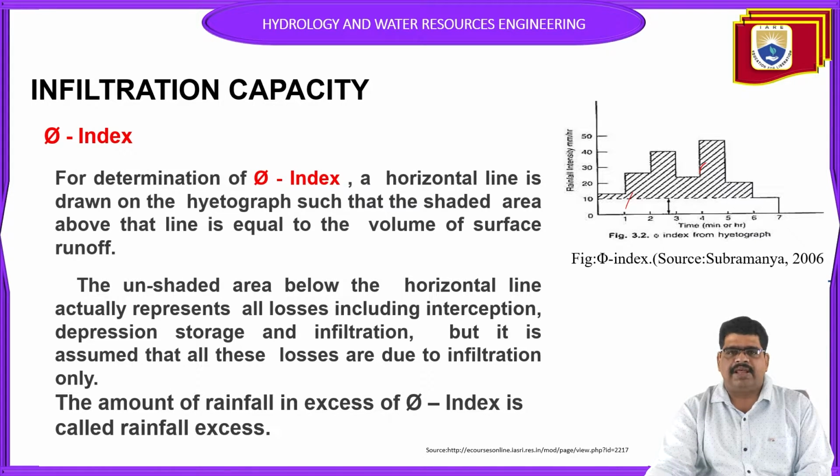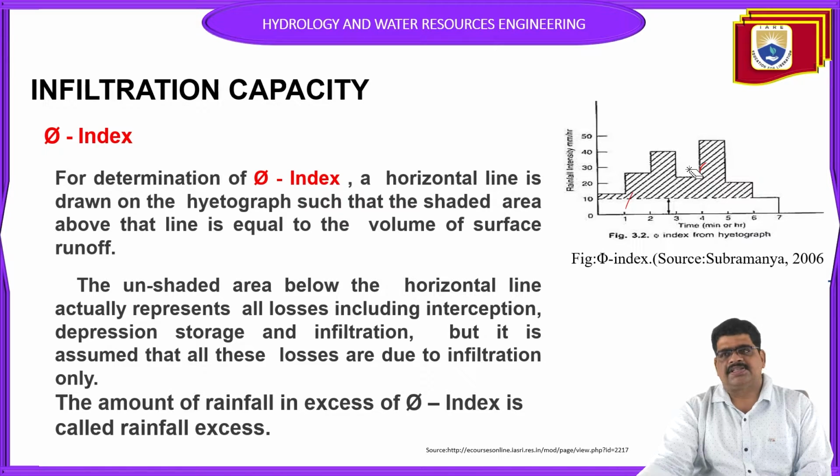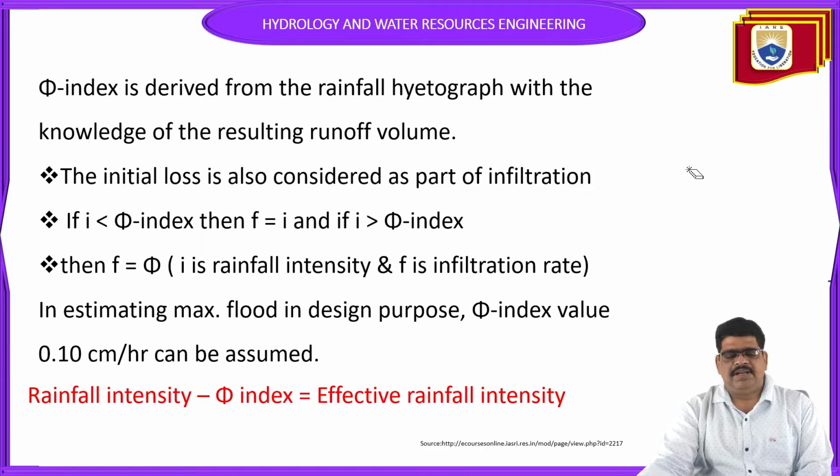The amount of rainfall in excess of the Phi index is called rainfall excess, which is nothing but runoff. That is, by using the hyetograph you have to find out the Phi index of the infiltration. The Phi index is derived from the rainfall hyetograph, resulting in the runoff volume.